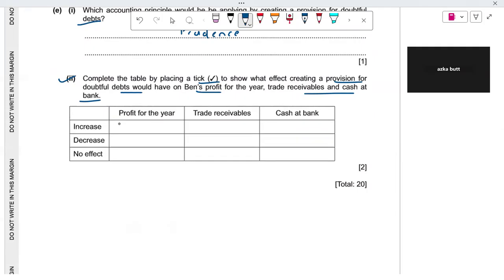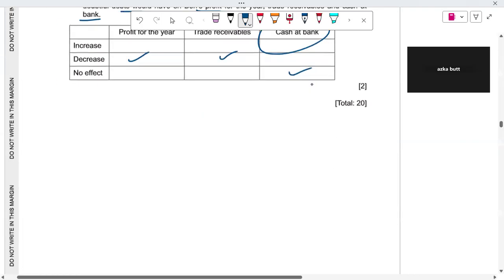Of course, if he is going to create the provision, it will decrease the profit for the year, and trade receivables will also decrease. Cash at bank, there is no effect, because increasing the provision will affect the trade receivables and the profit for the year, but the balance which he has in the bank will not be affected by creating the provision.